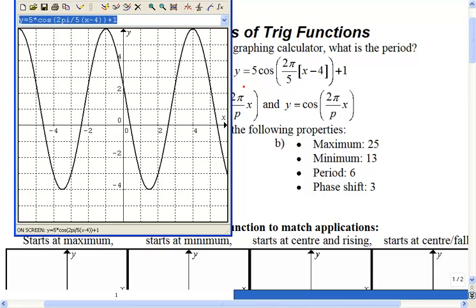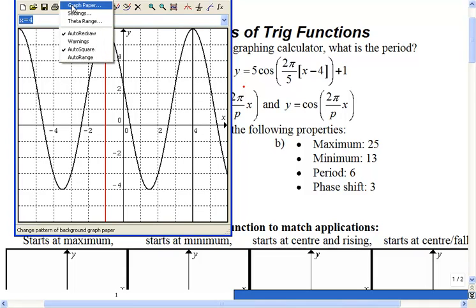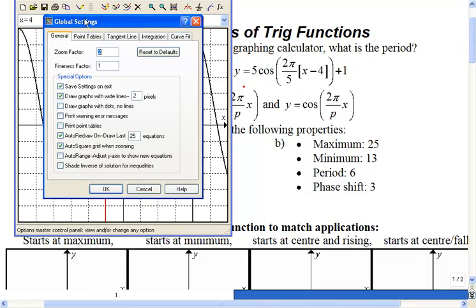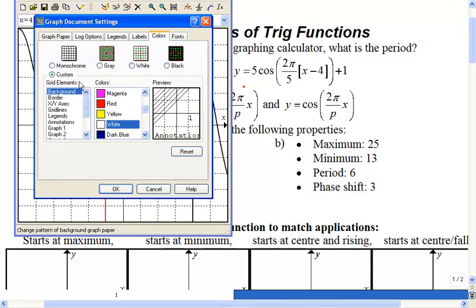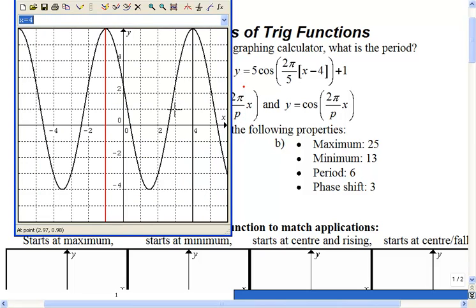And what's the period for this one? Maybe I'll block it in just so you can see.